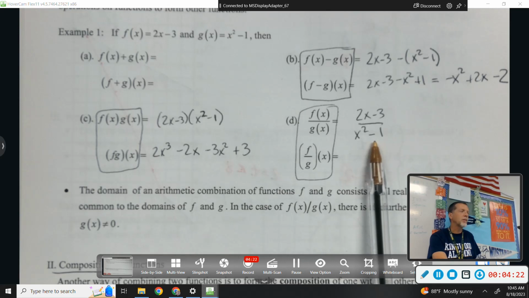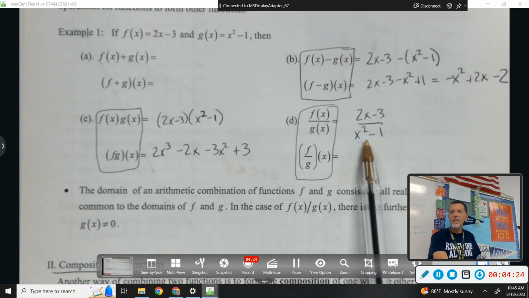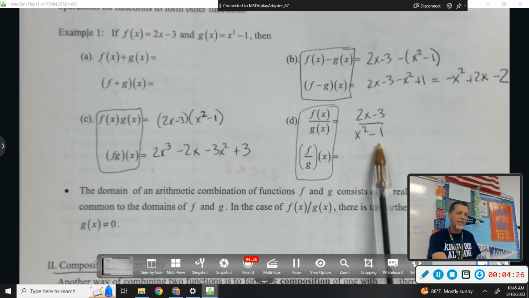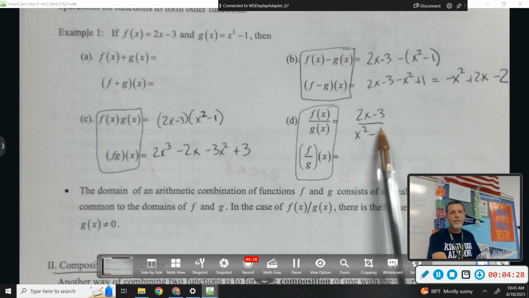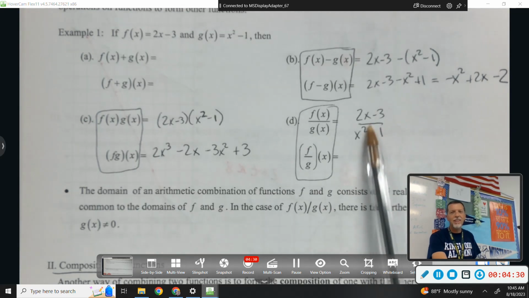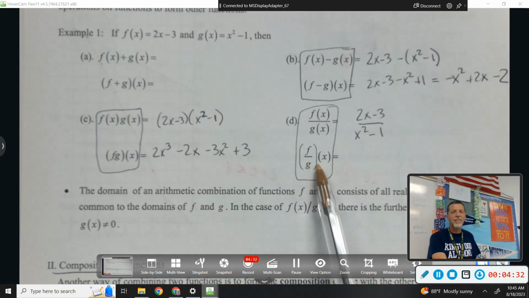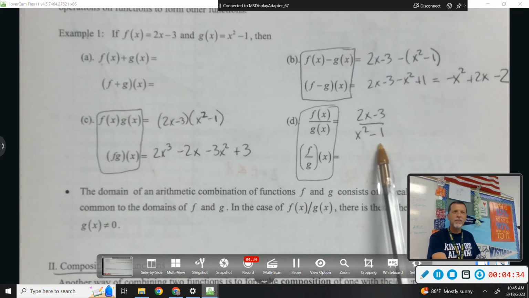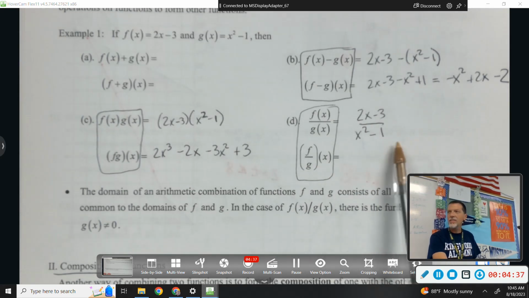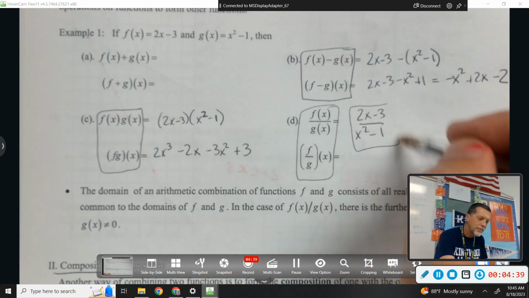That's kind of a trick question. Can't take out an x. Can't simplify an x. I could factor the bottom, but nothing would cancel, and so that's kind of it.